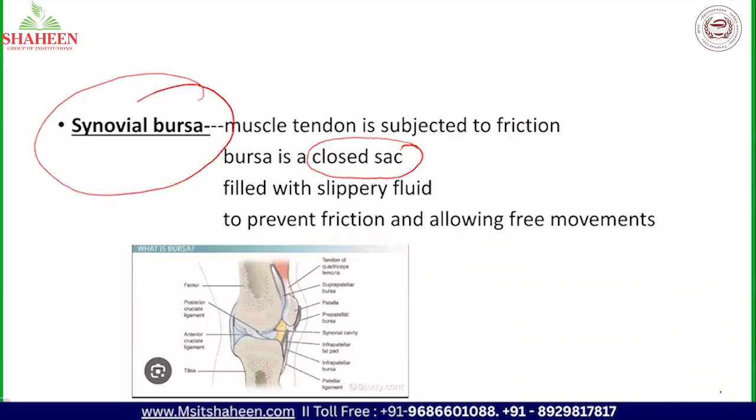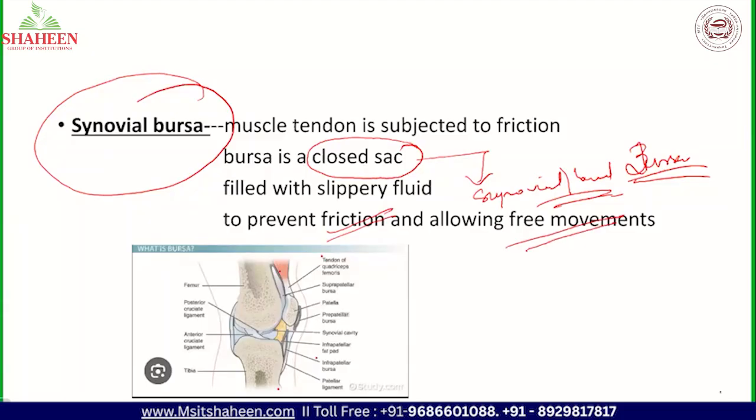These closed sacs are filled with a slippery fluid, just like synovial fluid. They are known as bursa. So the bursa is nothing but a closed sac containing synovial fluid, seen between the muscular tendon and the bone, or between the muscle and the bone, in order to prevent friction and help free movements.